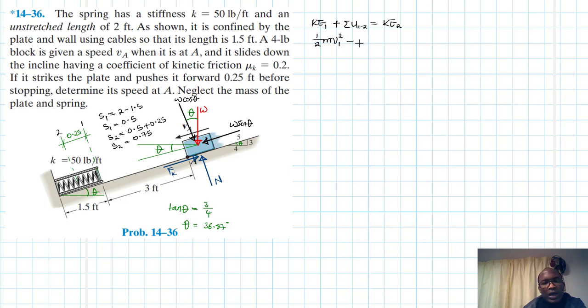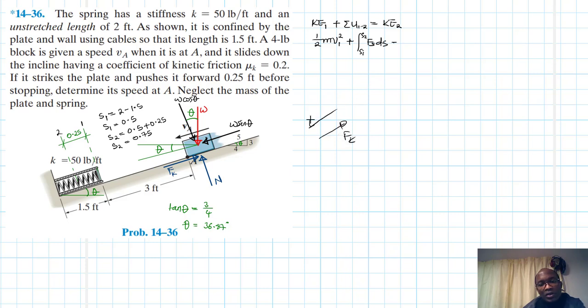Then the total work done, from S1 to S2, includes the work done by the spring, integral of F ds, and another work done by the friction, which is in the negative direction.